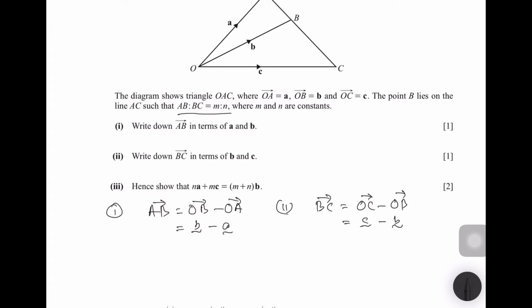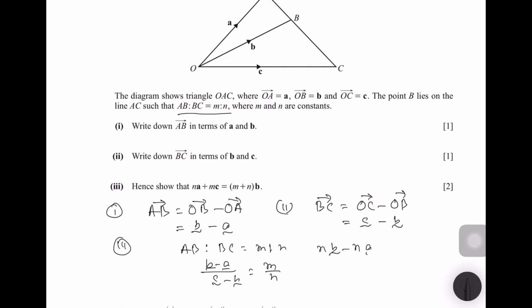And now if we wish to solve question 3, there is given AB is to BC equals M is to N. That means we can write here AB is B minus A divided by BC is C minus B equals M by N. Let us do multiplication.